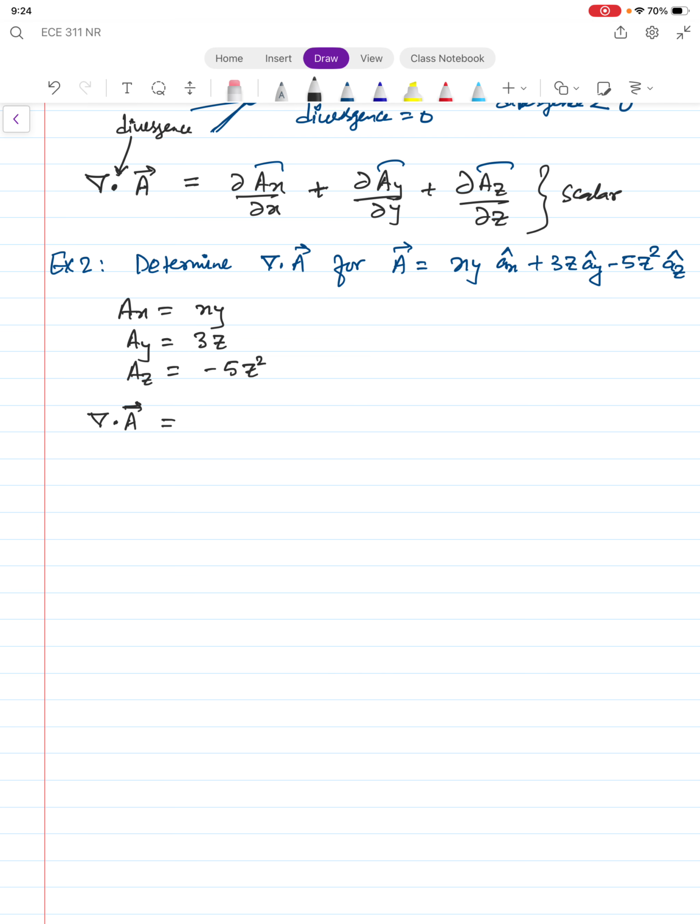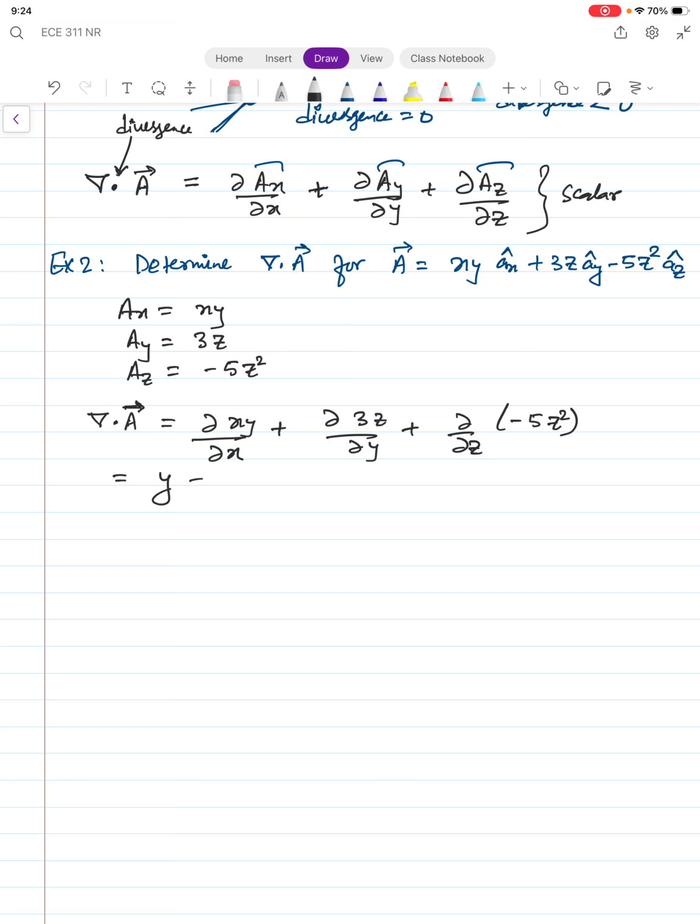So that is partial of xy divided by partial x, plus partial of 3z divided by partial y, plus d by dz of the z component, which is negative 5z square. From here we get y.